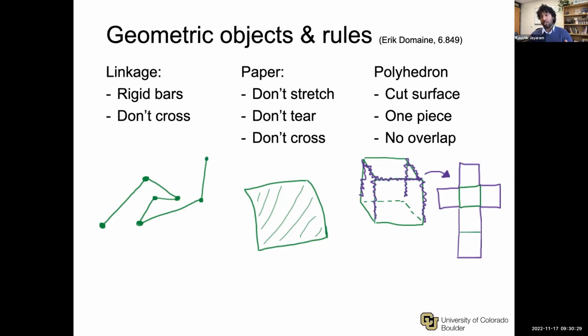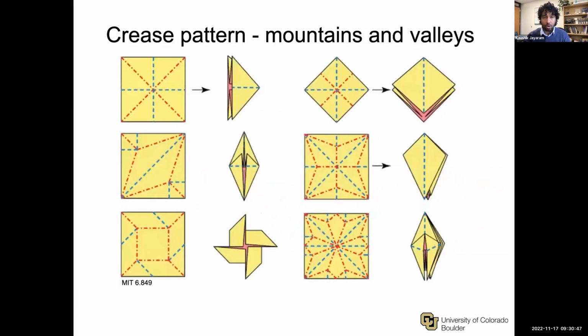Paper doesn't stretch, it doesn't tear, it doesn't go through itself. So that's something to be aware of, and we can make closed structures by cutting in specific ways, as I've shown you here.